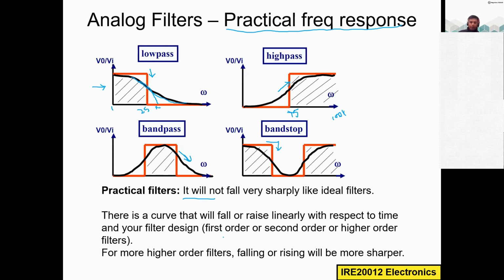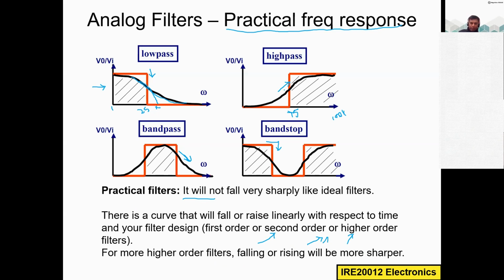If you are designing only a first order filter, the linear region will be very long, but that's not what we want. So that's why we have to move to the second order filter, third order filter, fourth order filter. Simply we can call that a higher order filter design. For higher order filter designs, the falling or rising edge will be sharper.